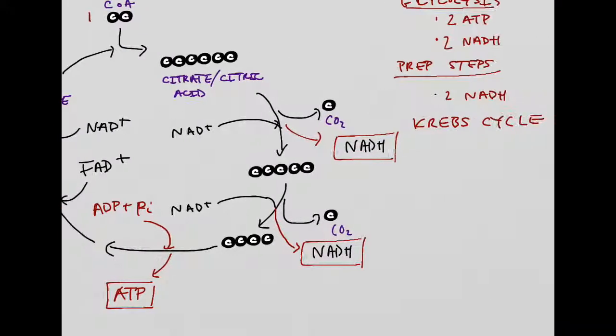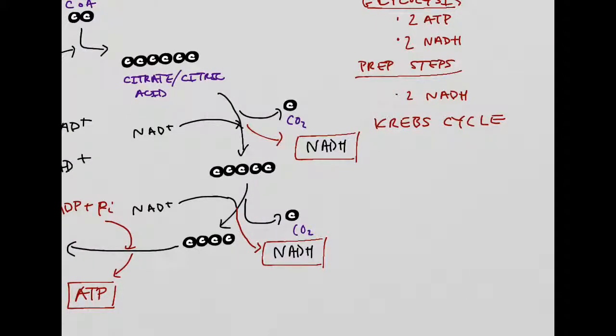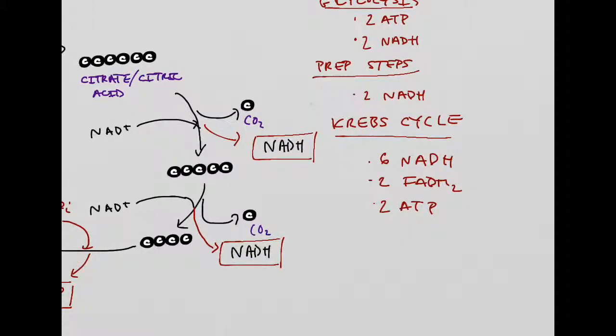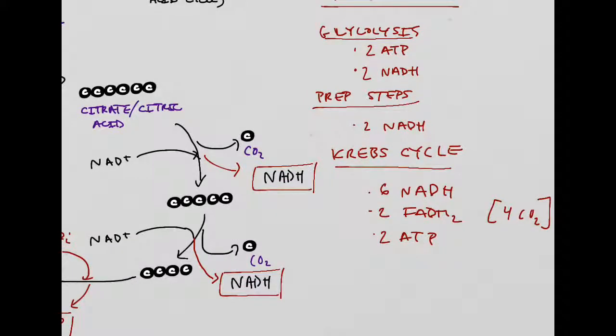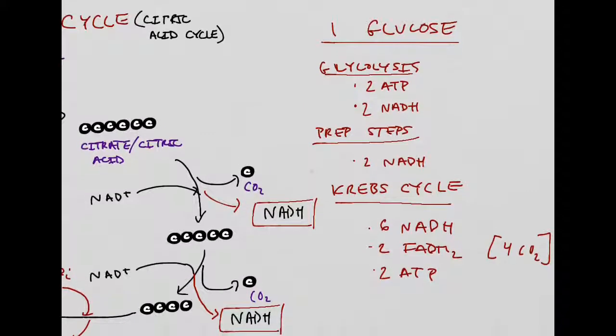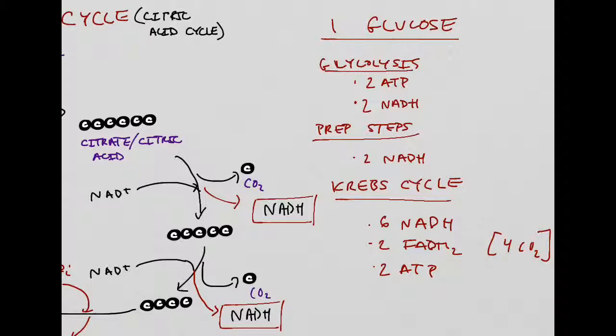So really, in the Krebs cycle, we create 6 NADH, 2 FADH2, and 2 ATP, as well as 4 molecules of CO2. But you can think of that as a waste product, not really something that we're counting towards our 1 molecule of glucose.